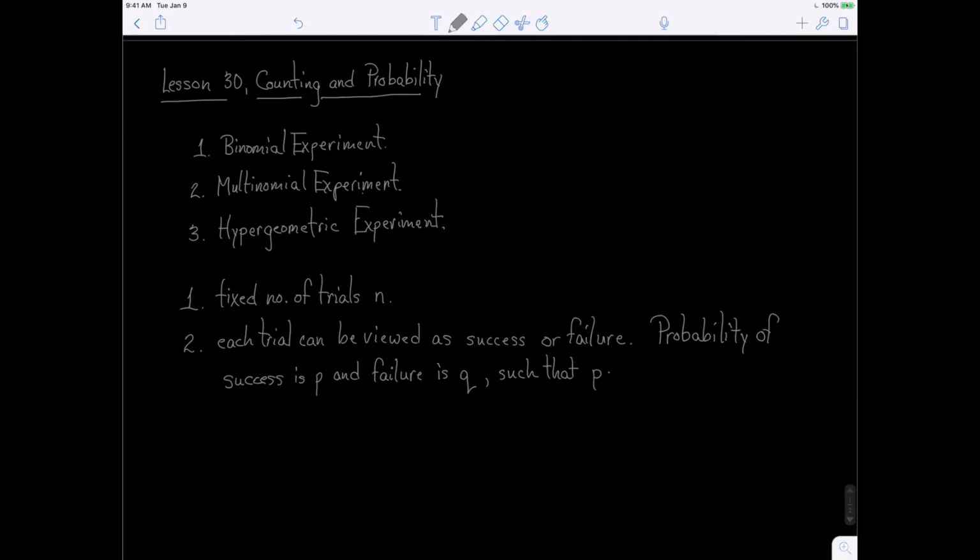So the probability P plus the probability Q is 1.